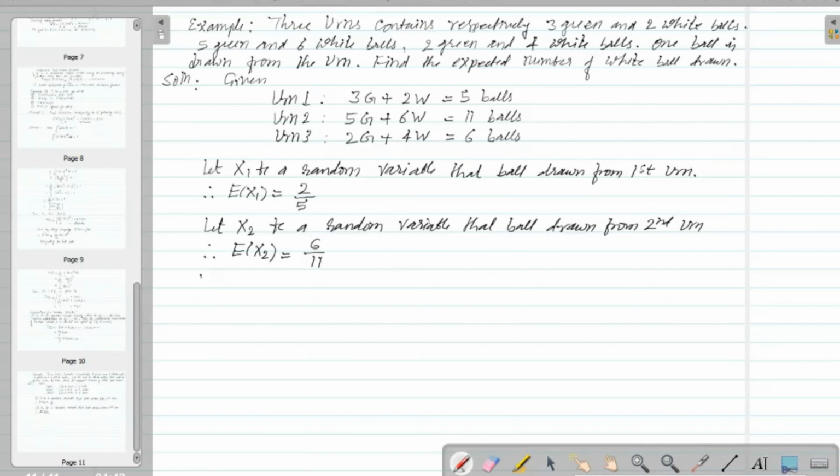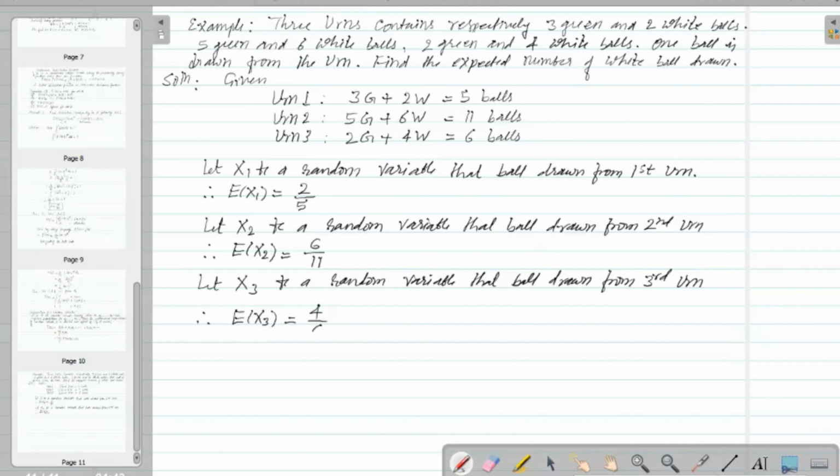And similarly next, let X3 be a random variable that the ball is drawn from the third box. So therefore the expected number of white balls, probability is what? White ball 4/6.